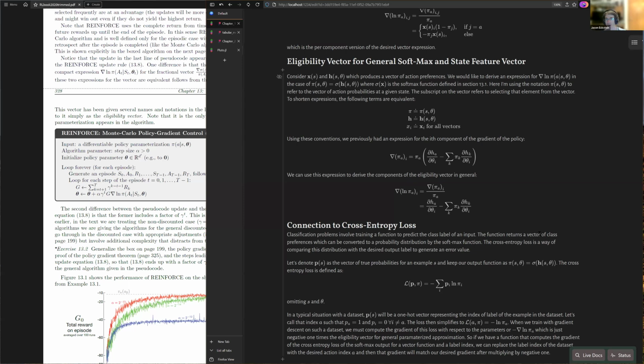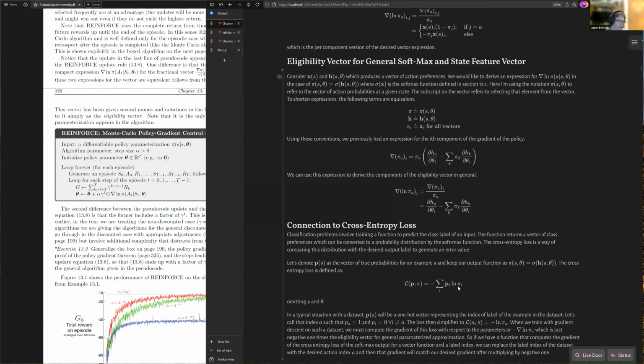And then to train this function, what you would do is have a data set where you have a desired output label for an example. And then we take the cross entropy loss of the desired output with the softmax of the function output.